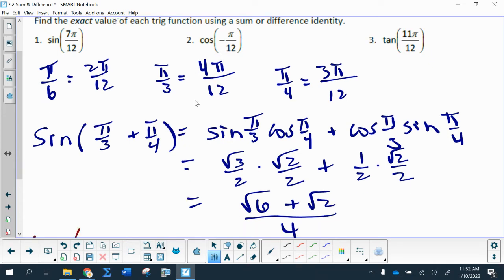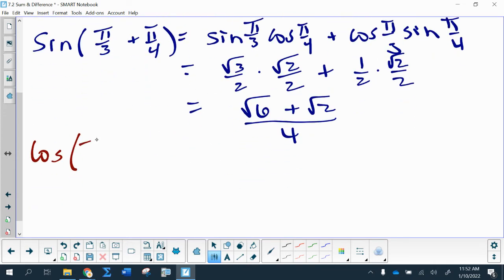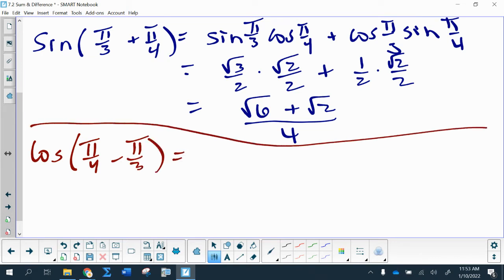So pi over 4 minus pi over 3. So I'm going to use my cosine subtraction formula. So it's cosine of pi over 4 cosine of pi over 3 plus sine of pi over 4 sine of pi over 3.